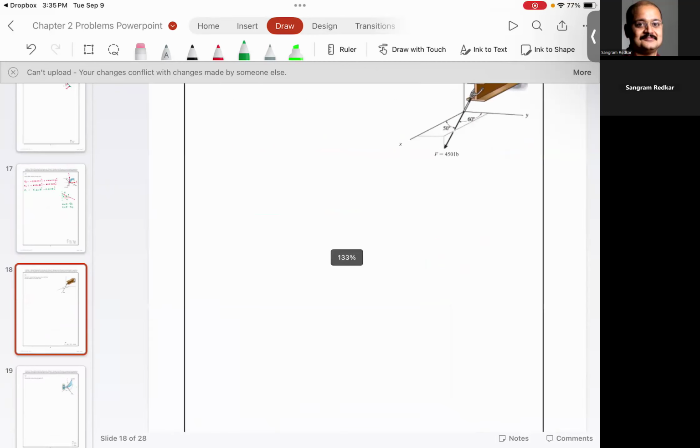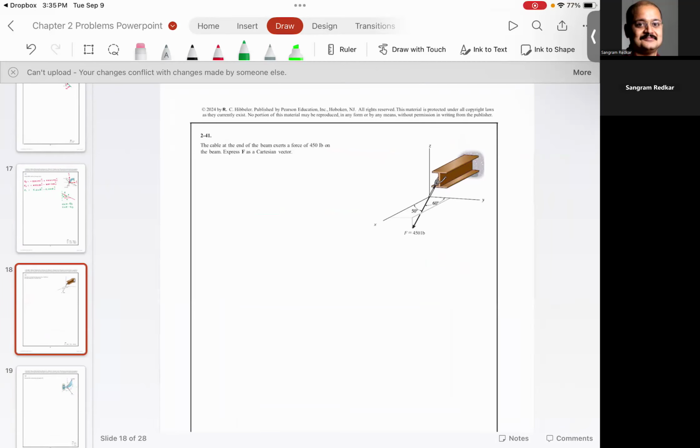Now, next problem. This problem is slightly interesting. In this problem, you have this particular force which is at some angle. If you remember, I gave you this important relationship, and I want to repeat it once again.